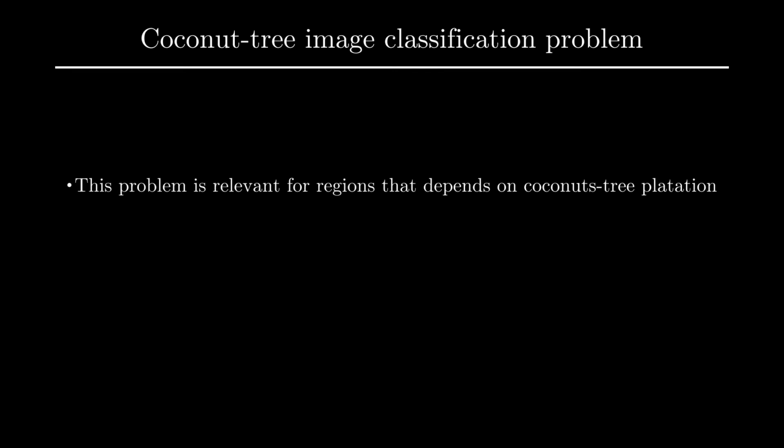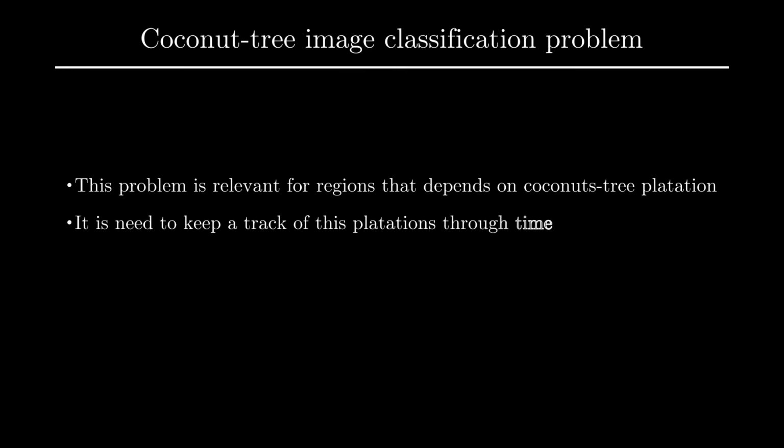This problem is relevant for regions where coconut tree plantations are a considerable part of the local economy. It is important to keep track of these plantations over time, checking the extent and number of trees, for example. This work is tedious and error-prone when done by a human, so it would be interesting to have an automatic method to do this.